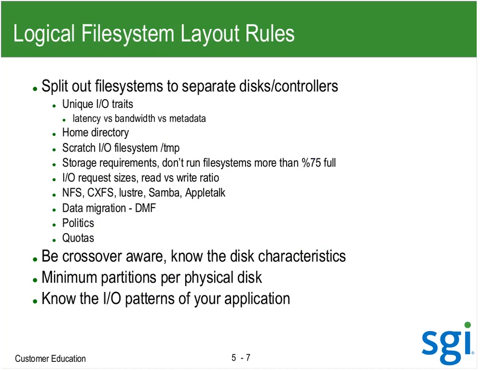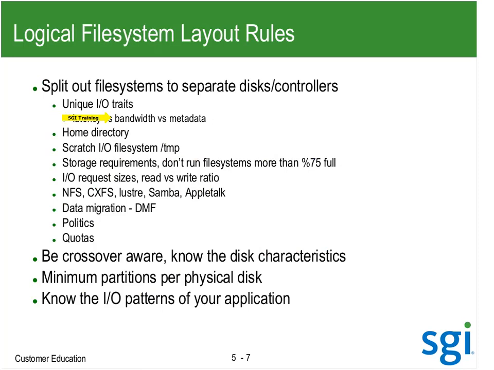So again, split out your file systems. We try to spread things out to separate controllers and separate disks. Again, know your I/O trace. There's three ends of the spectrum to me: latency, bandwidth, and metadata. So latency is like online transaction processing, credit card processing. Home directories are latency critical.